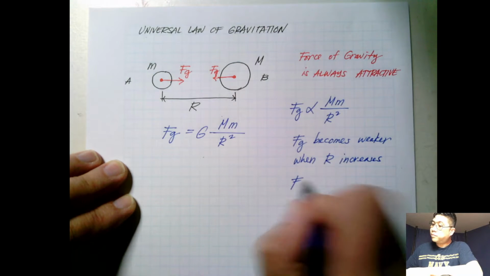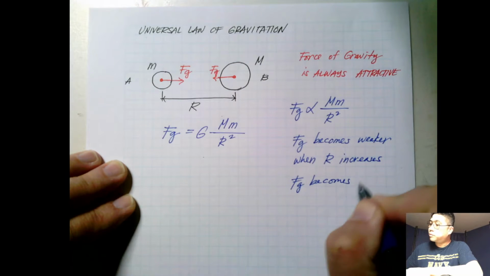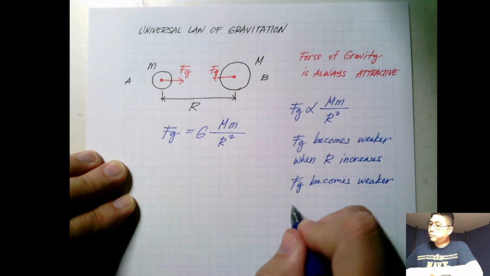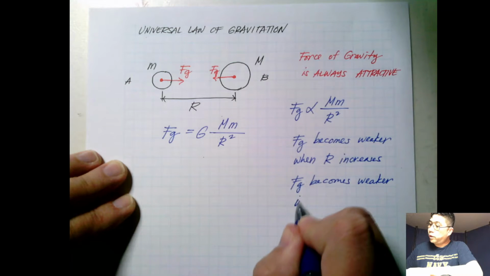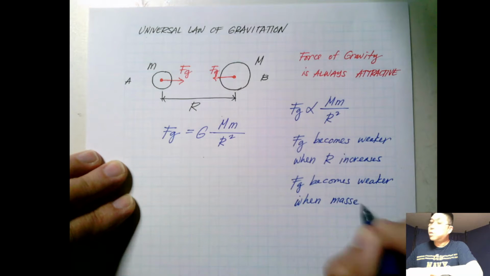Or Fg becomes weaker when the masses decrease.